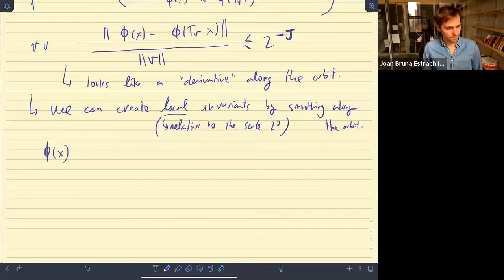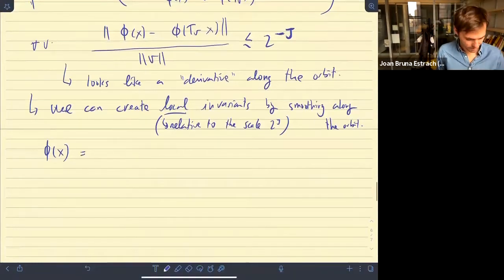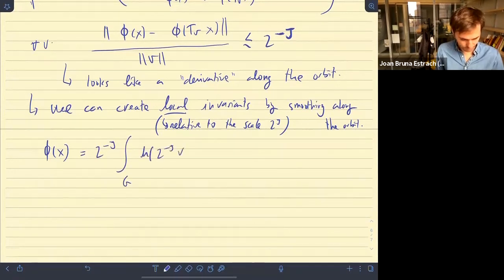Okay, so in more concrete terms, I can define the derivative of this form, right? I can just say this is j, then I can put a window that just averages the information of X, right?